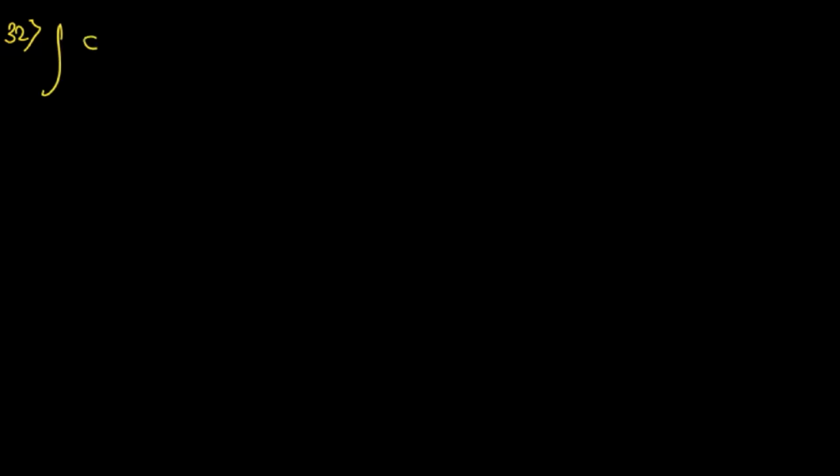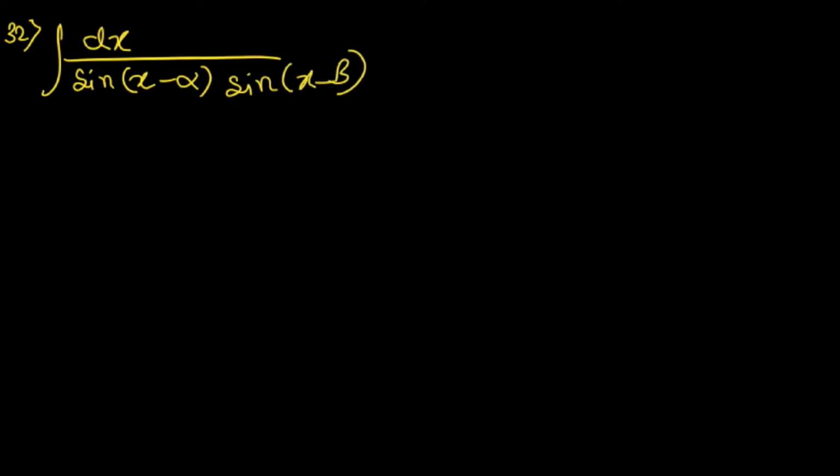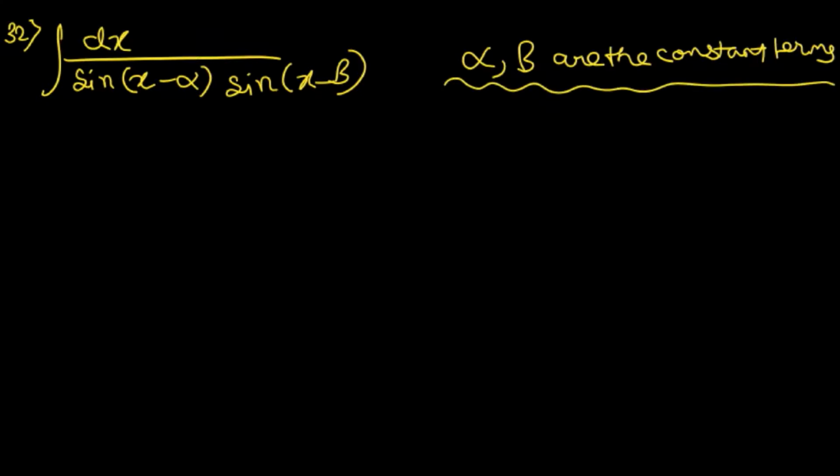Integration of dx by sin(x minus alpha) into sin(x minus beta). It will be provided in the question that alpha and beta are constant terms. So what is the principle followed in solving this sum?